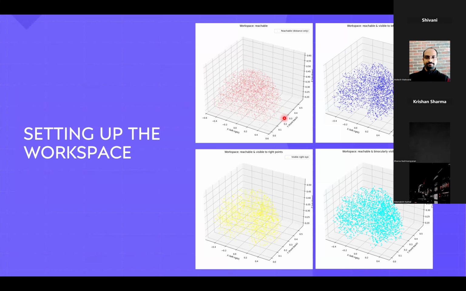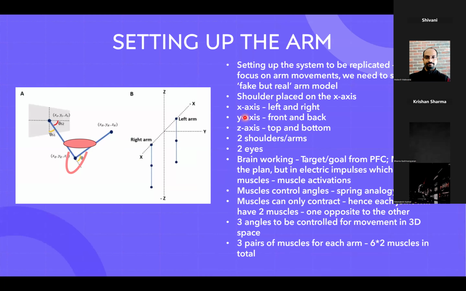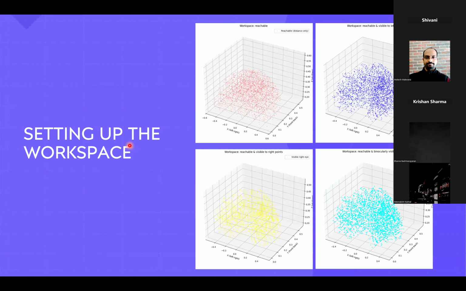Because we have only the arm, with the shoulder fixed at a particular point, so it can only reach points that are less than or equal to the length of the arm itself. If it wants to reach targets beyond that, it needs to move the torso. But for now I'm not considering a torso, so I'm restricting the movement to be only within that radius.